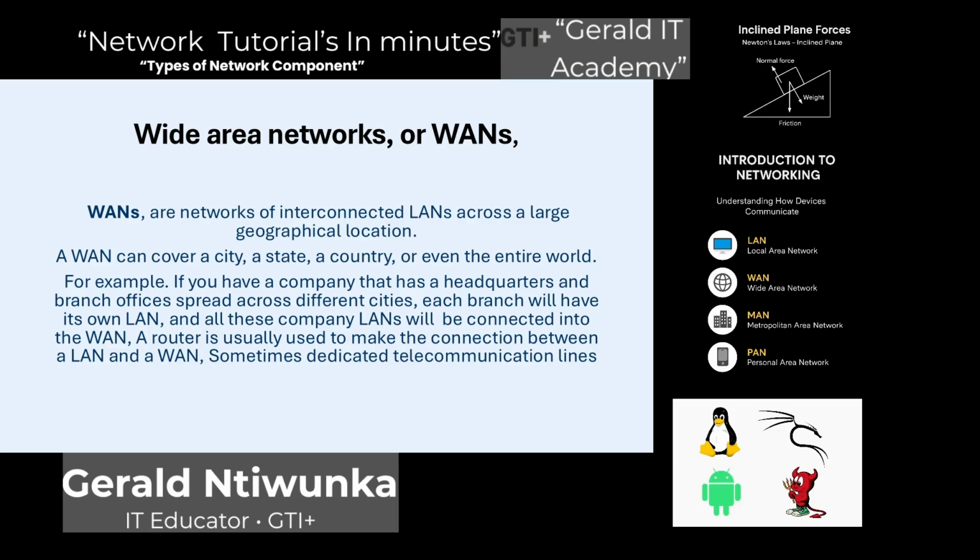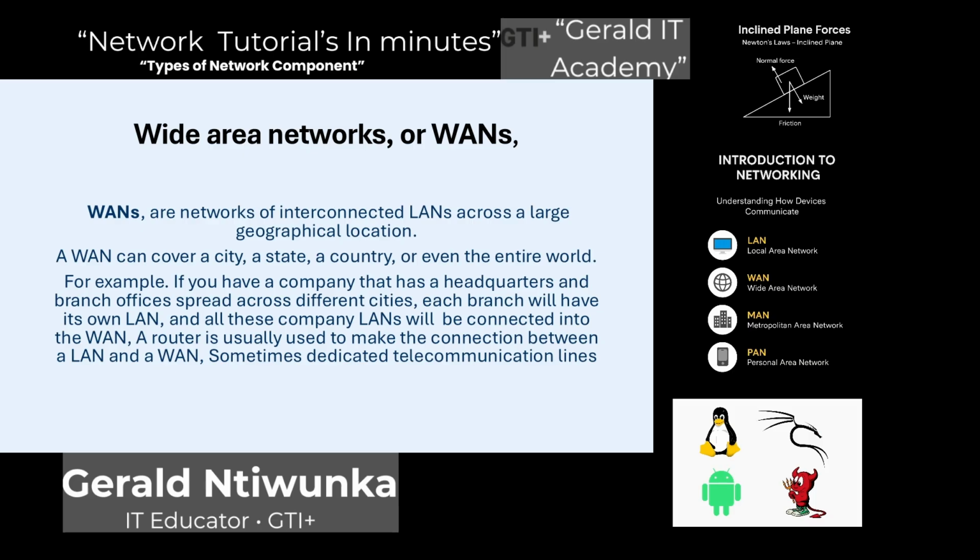When there are many local area networks, they can turn into a wide area network, which can cover a city, a state, a country, or even the entire world. How does it happen?